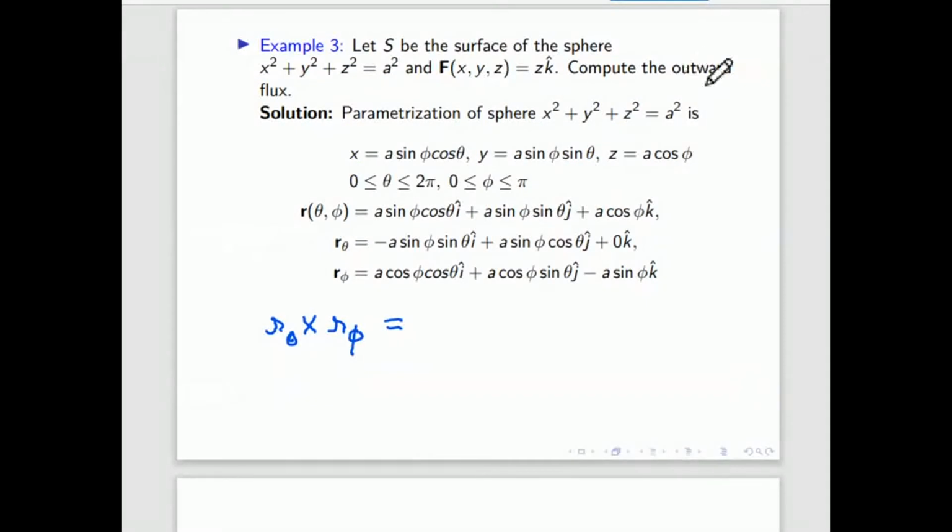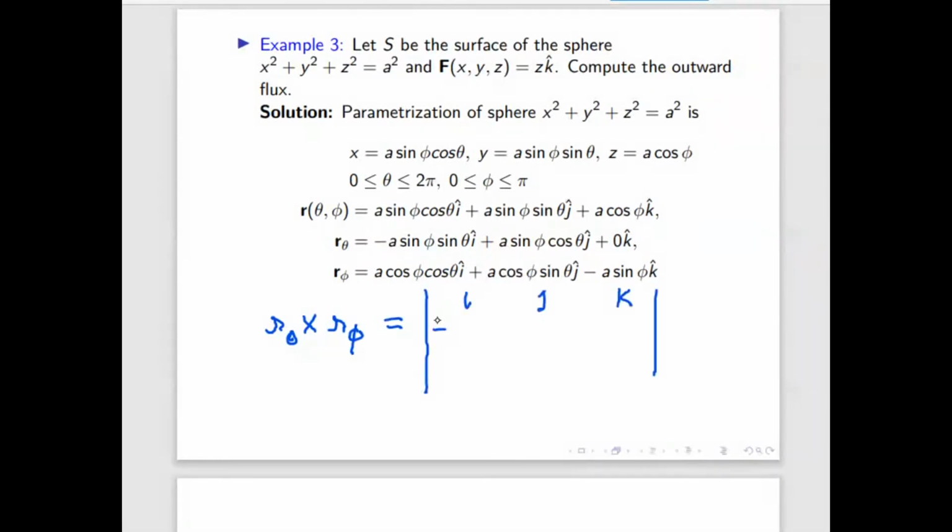For the cross product, we'll write here i, j and k, then for r theta: minus a sin phi sin theta, a sin phi cos theta, and then 0.